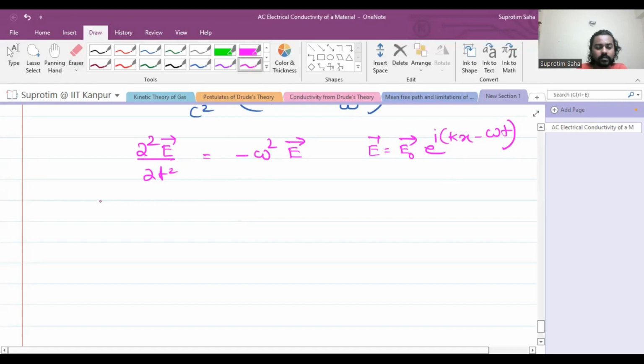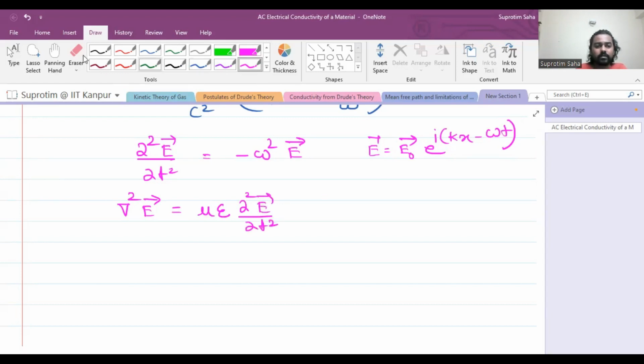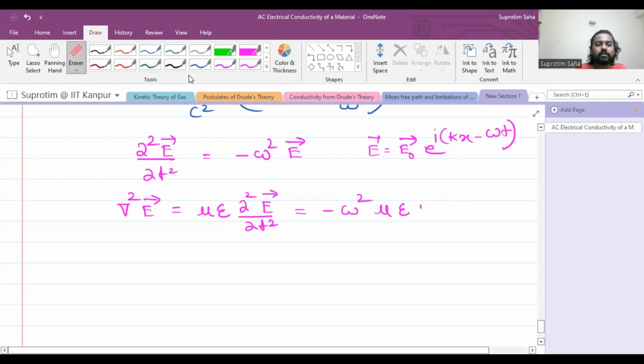So we had the gradient squared of the E vector equals mu epsilon del squared E by del t squared, which is given by minus omega squared mu epsilon times this E vector.